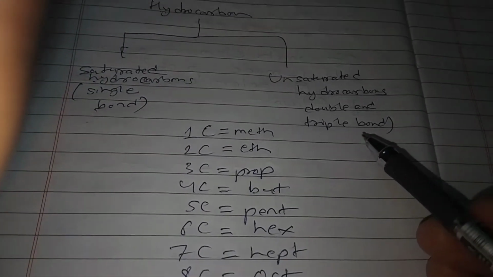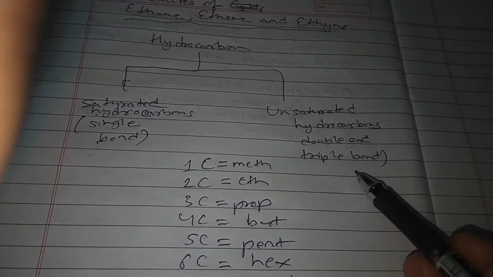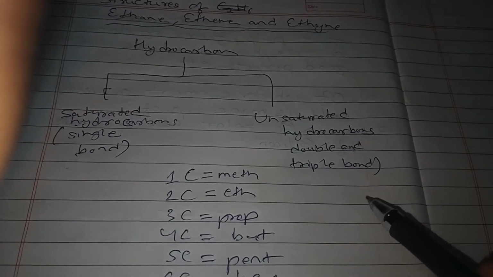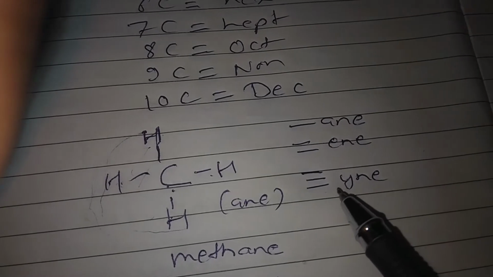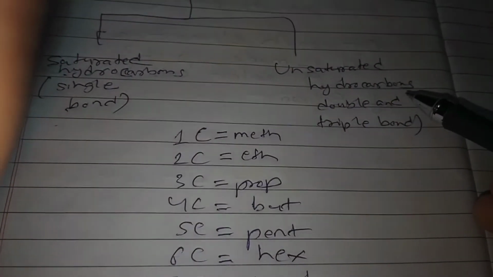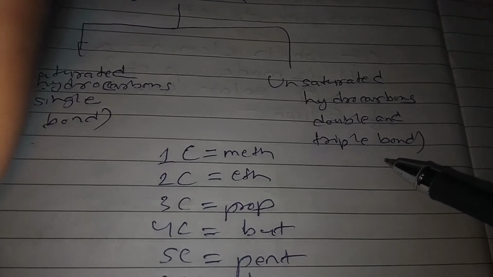And triple bond, I already told you, means unsaturated hydrocarbons, and the 2 carbons present means eth, and triple bond means yne, so you can put here ethyne. Okay, now tell me, ethyne belongs to which hydrocarbon, saturated or unsaturated? It belongs to unsaturated hydrocarbons.